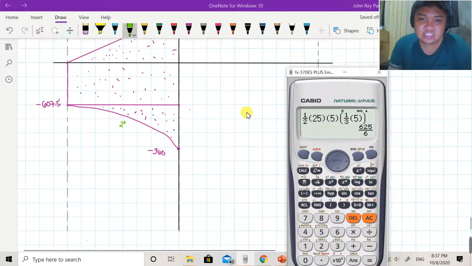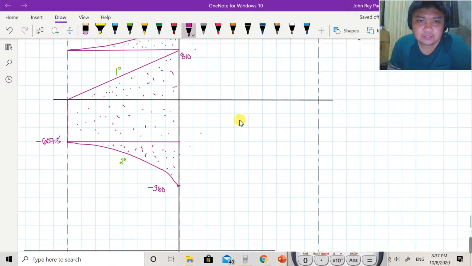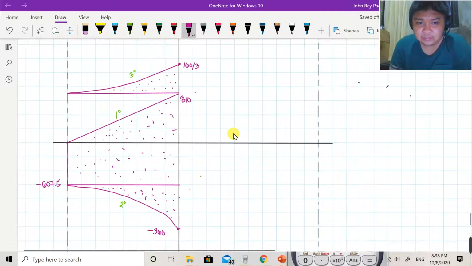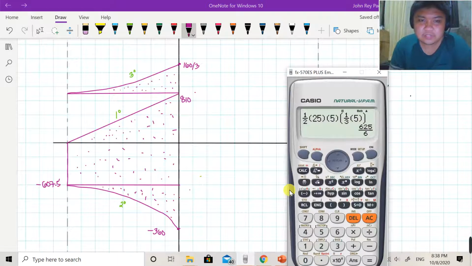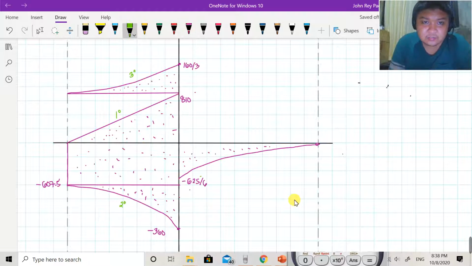So, pag drawing natin siya, negative din 'yan. Lagay natin dito. 625 over 6, ba? Yes. So, sige, pwedeng pa ganito siya, no? Negative 625 over 6. And this will be a third degree curve, class.